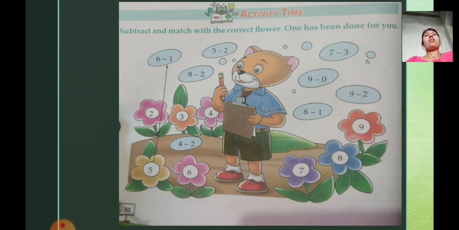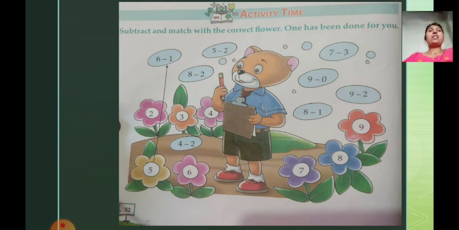These are the answers of these subtractions. So you have to subtract these numbers. Like here, 6 minus 1. 6 minus 1 equal to 5. So it is matched with the number 5. Yes, flower 5. So you have to solve this activity in your textbook.